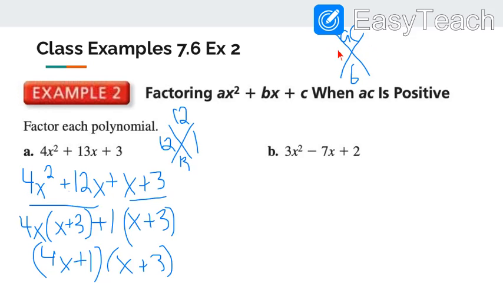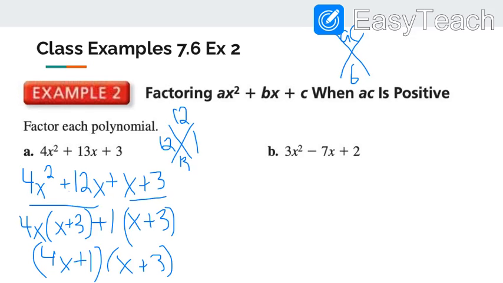These two things on the sides need to multiply to the a times c value but add to the b value. So here, 4 times 3 was 12, and 13 goes on the bottom because that's our b value. Two things that multiply to 12 but add to 13 were 1 and 12. Therefore we took this 13x and split it into 12x and 1x. And then from there we did factoring by grouping, and thankfully we were able to factor some of these things down and through.